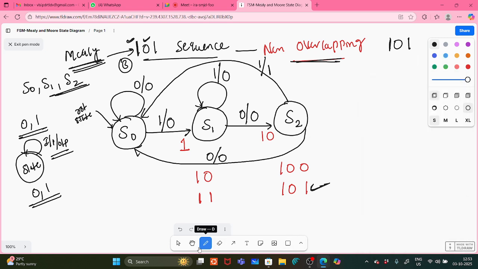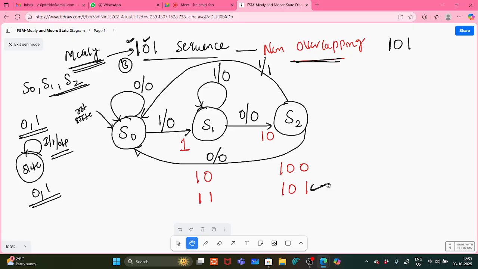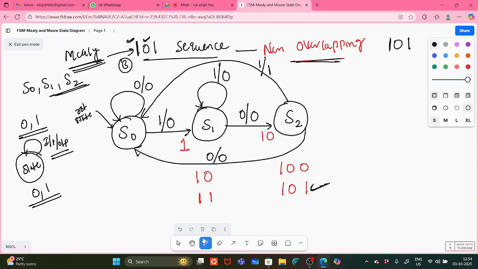Yeah. Next you see. So this is nothing but Mealy non-overlapping, okay. This is one problem I told. Like this you can check for, suppose, 2 bits. So 2 bits means 00, 01, 10, 11 you can check.